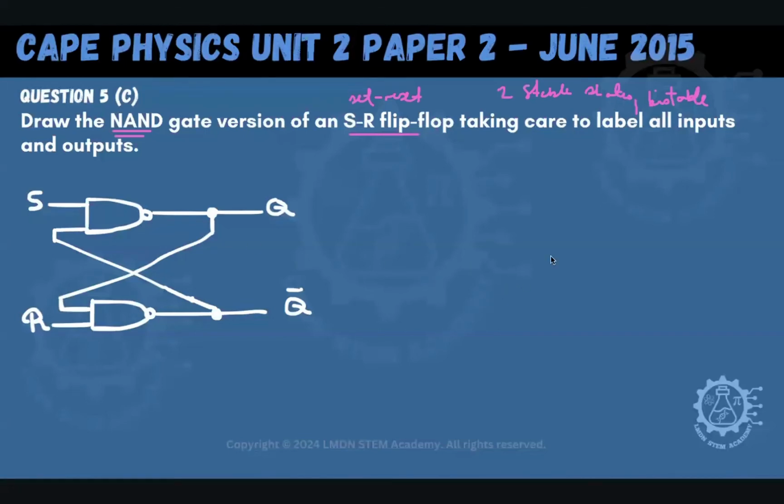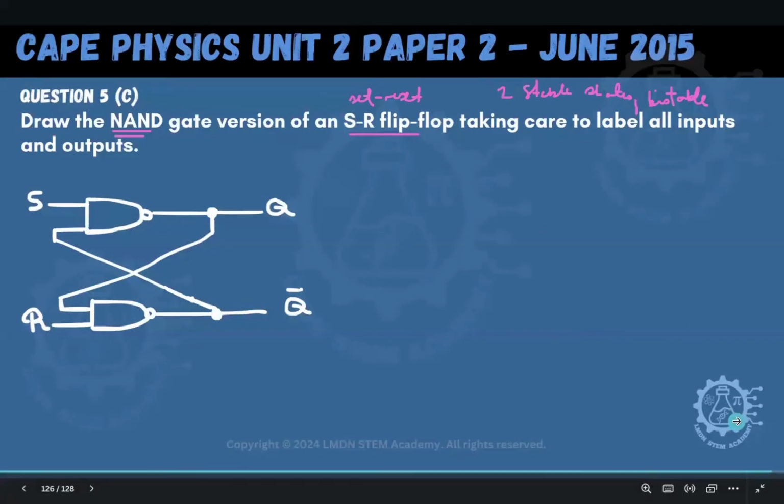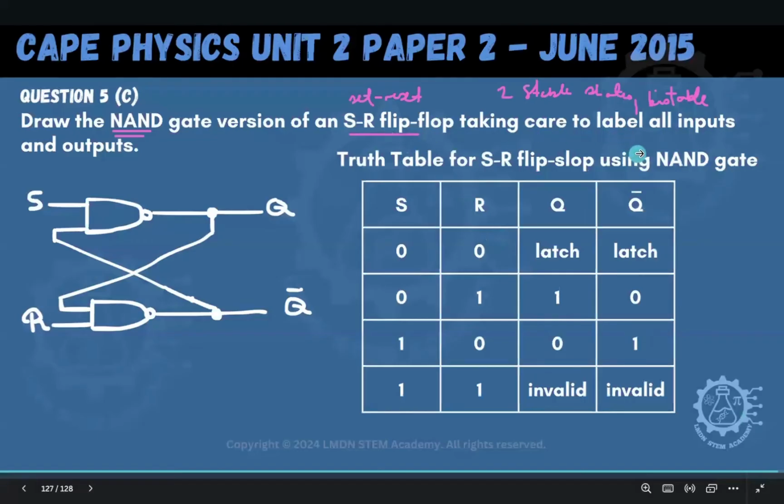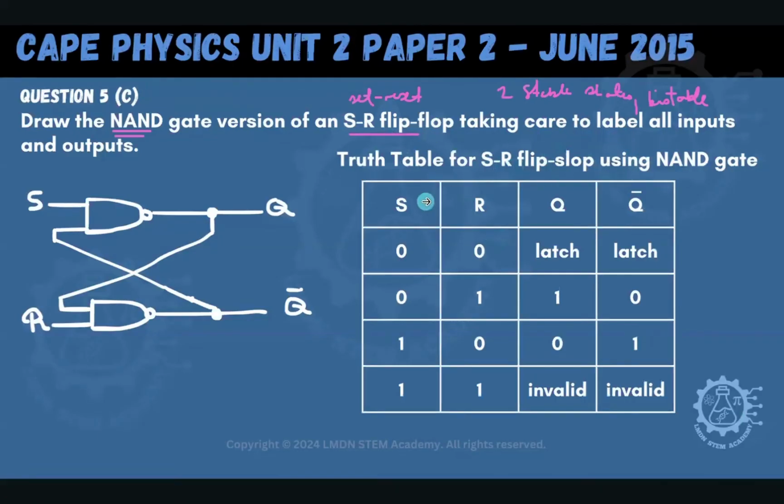All right, so let's go ahead now. What I did was I completed a truth table for this SR flip-flop using the NAND gate, right? So just take note of these values here.